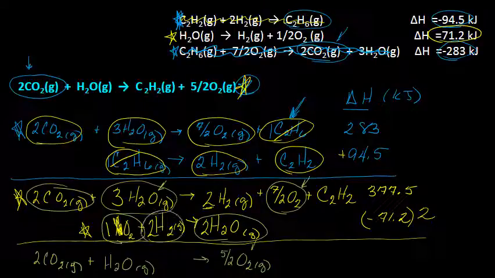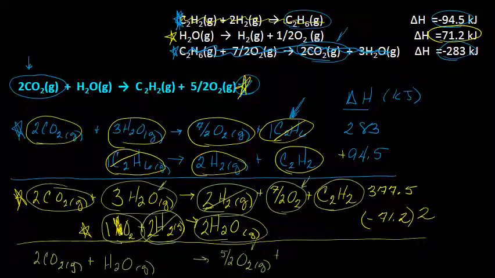Now we have 2 hydrogens here and 2 hydrogens there, so those cancel. And then I'm left with this one, C2H2. Look at how nicely those oxygens worked out, and I didn't even have to stress about them. Does this equation in green match our goal equation up here?